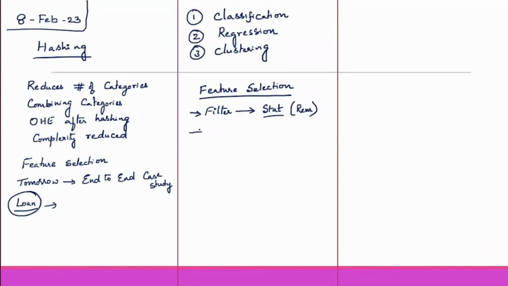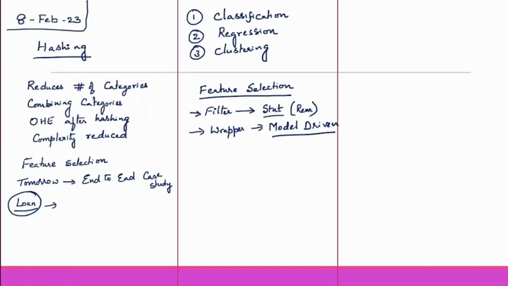Whereas in the wrapper based methods, which become more and more model driven, right? So we run some kind of models and based on those models, we'll talk about whether a particular feature is important. So we compute what is called as feature importance.